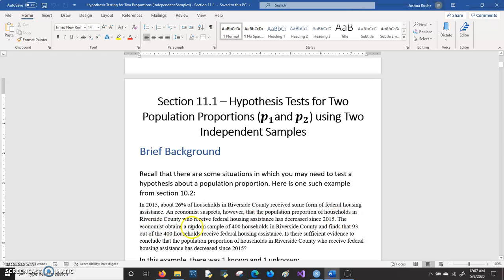The economist obtains a random sample of 400 households and finds that 93 out of the 400 households receive federal housing assistance. Is there sufficient evidence to conclude that the population proportion of households in Riverside County who receive federal housing assistance has increased since 2015?